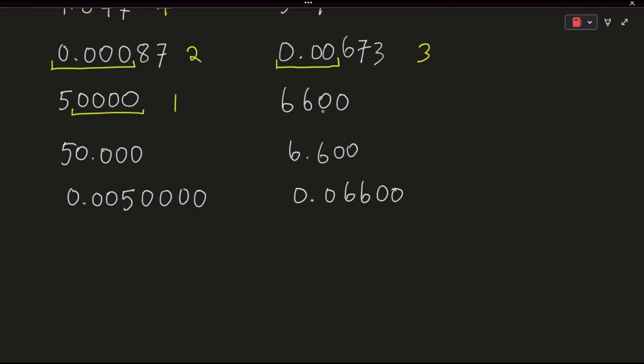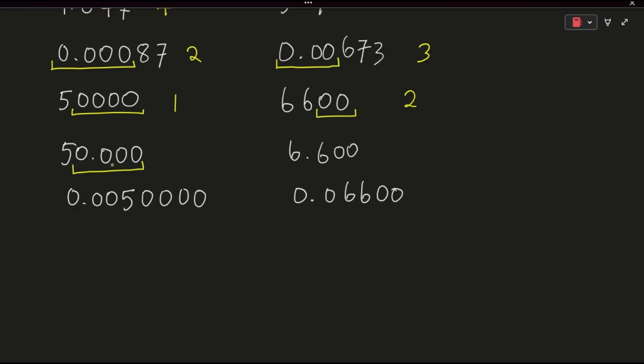Now, 6600 has 2 trailing zeros over here. Trailing zeros are not significant. So we have 2 significant figures for this number. Now, with 50.000, we would have to take note that there are also trailing zeros over here. But we should take note that once the figure contains a decimal point, it changes the status of the zeros and makes them significant.